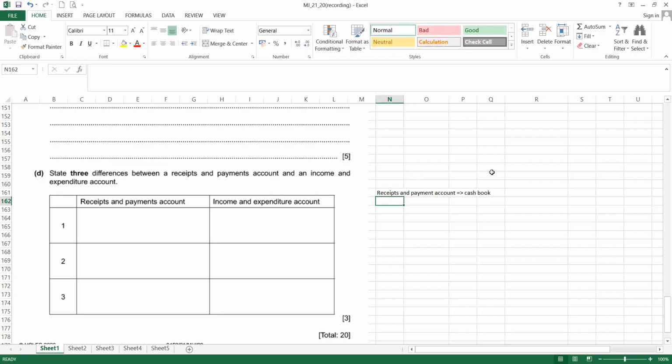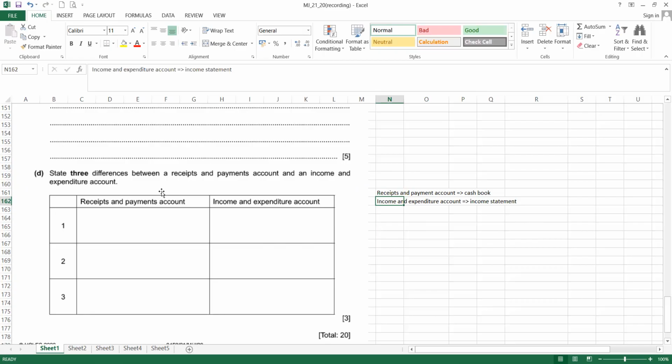In the other businesses, the income and expenditure account is actually what in our normal business we call the income statement. So you try to remember what is the feature of the cash book, what is the feature of the income statement.